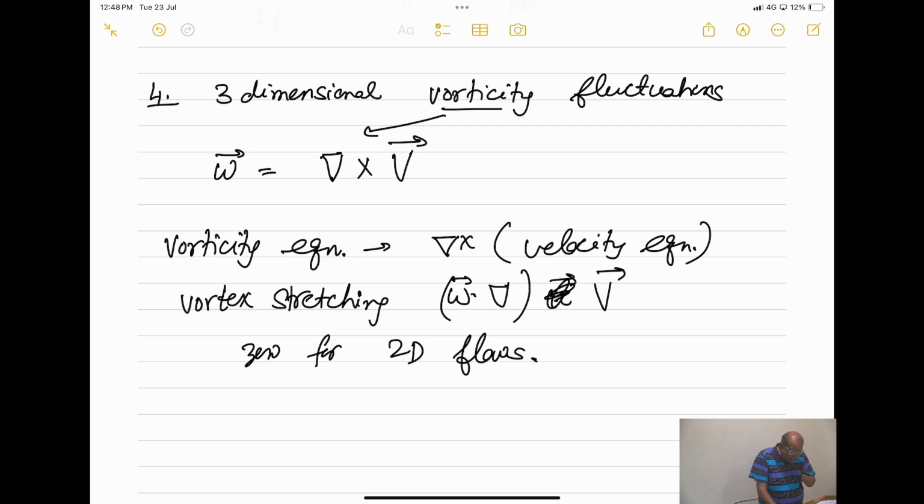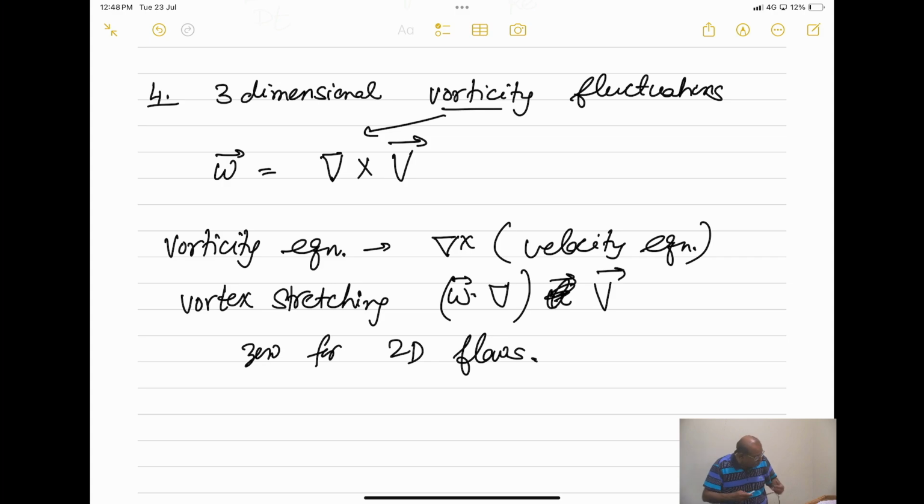So, in turbulent flows, if the flow is two-dimensional, this vortex stretching term does not exist, and therefore vorticity essentially tends to die because of the absence of this term. And since there is a lot of mixing in the turbulent flows, vorticity has to be there.